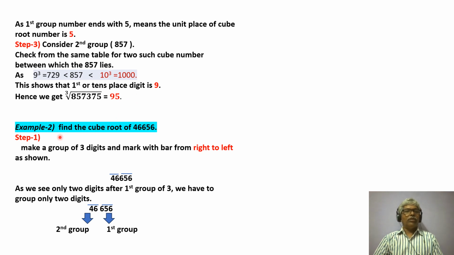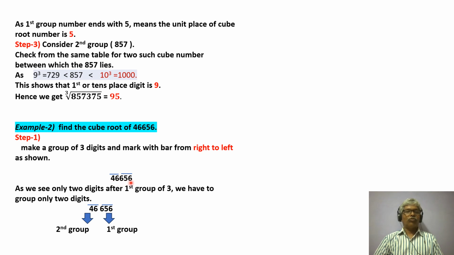Now we try to find the cube root of another number by the same method, the partition method. The number is 46656. Step 1: make a group of 3 digits and mark with a bar from right to left as shown. You have seen the first example.